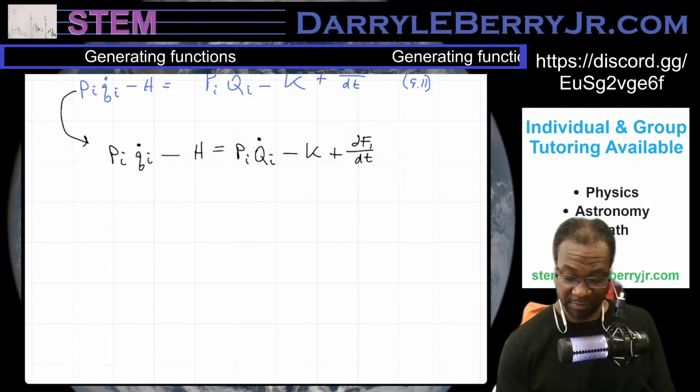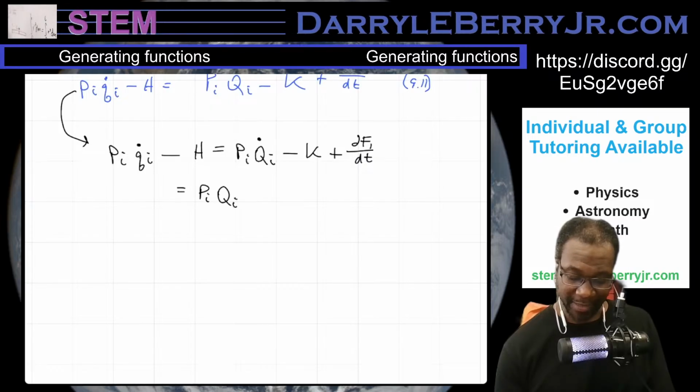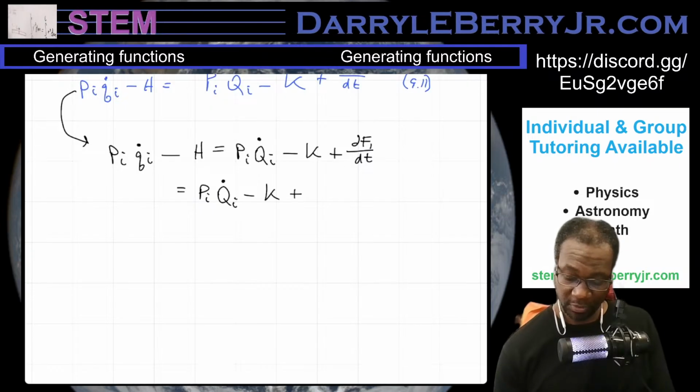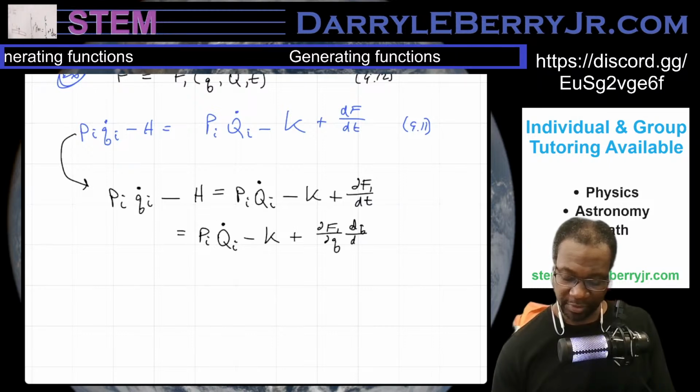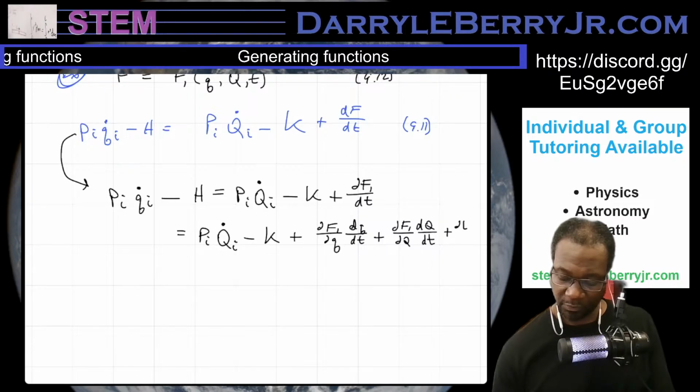So now we're going to expand the second part. It becomes p_i q_i dot minus K plus partial F1 over partial q_i, dq_i over dt, plus partial F1 over partial Q_i, dQ_i over dt, plus partial F1 over partial t, dt over dt.